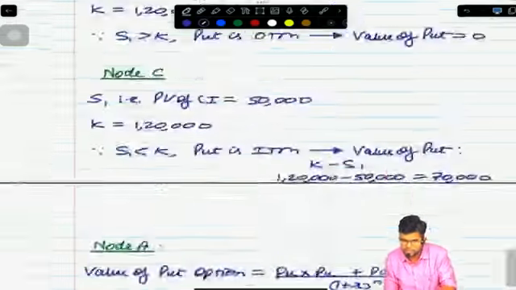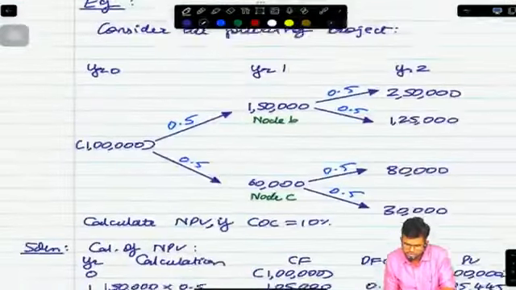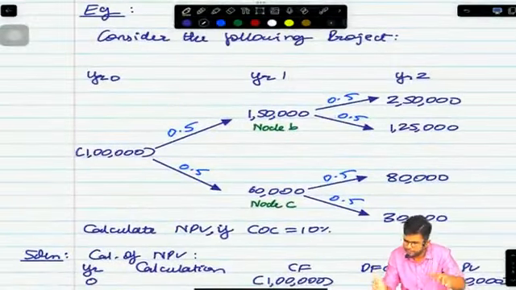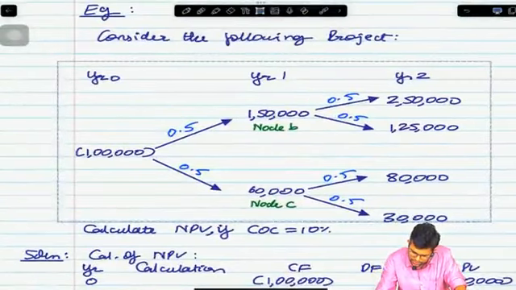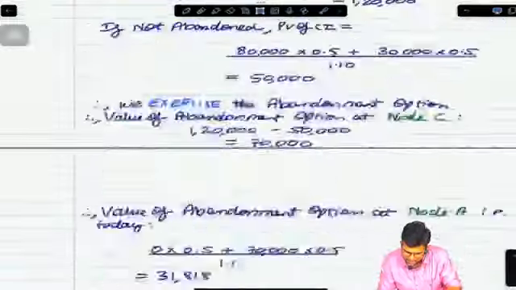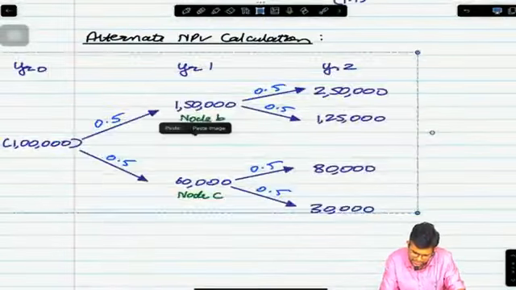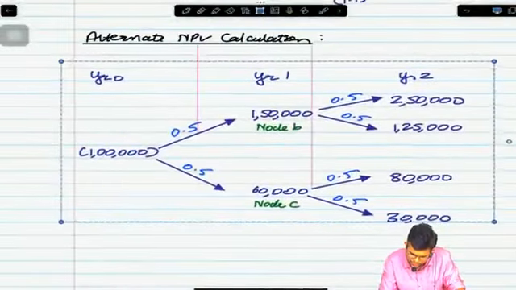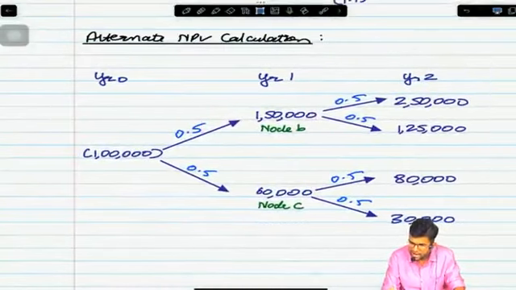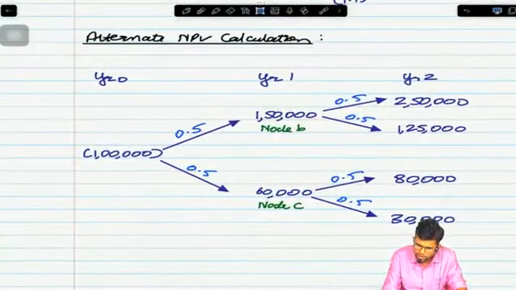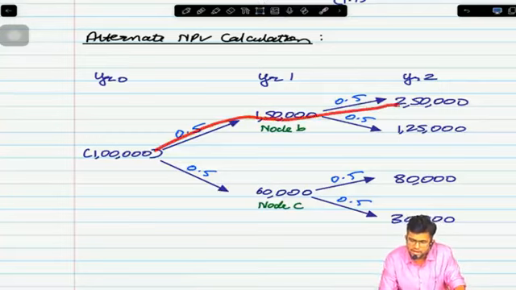So you remember this entire table, this tree. I am taking the tree and placing it here. Let's see if you are understanding what I'm going to do. This is capital budgeting at its best. I am saying if I follow this path, then I continue on the path.